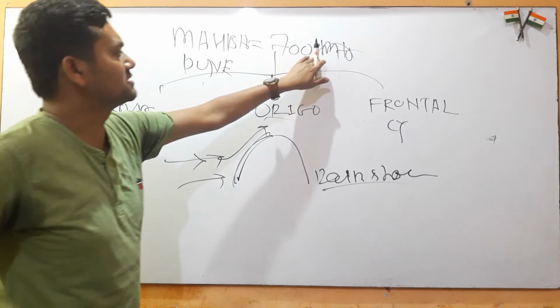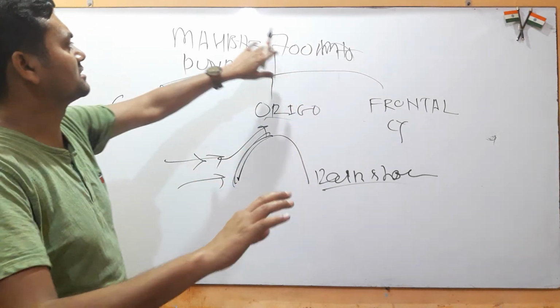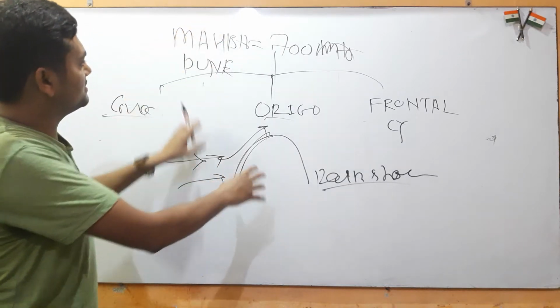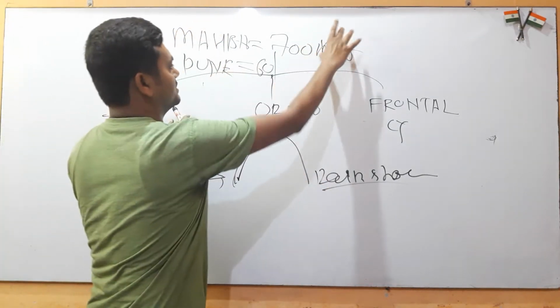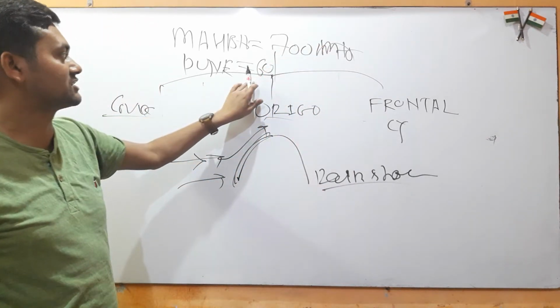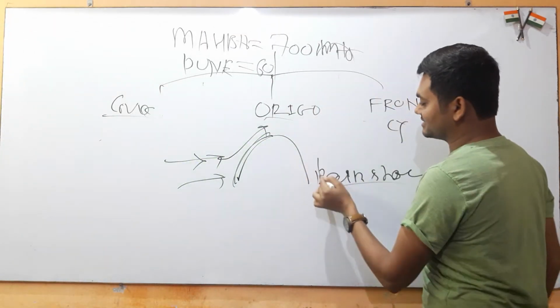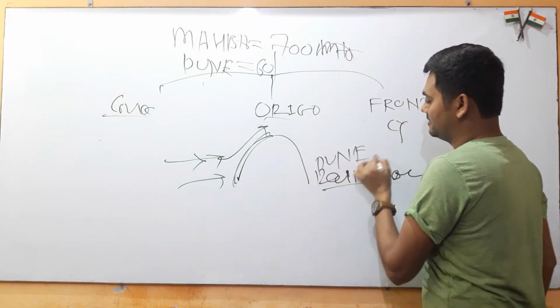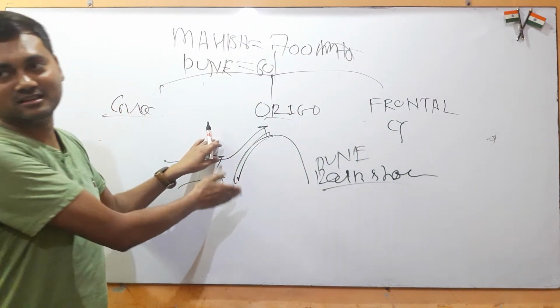Meter or millimeter, whatever it is, I will correct it. And Pune only receives 60, whatever it is. You can relate, it's 700 and it's 60. Why does Pune receive 60? Because Pune is located in the rain shadow portion, and Mahabaleshwar is on this side.